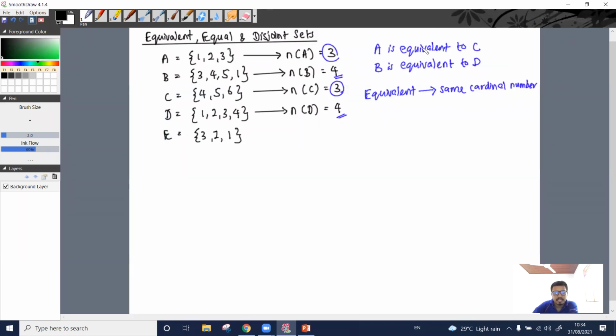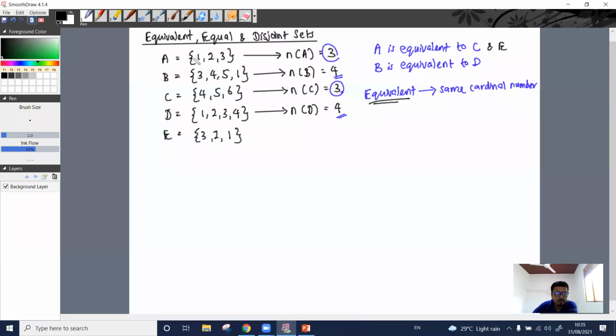So here we can say A is equivalent to not only C, but E as well. Same number of elements are there in set E also. We can see how many elements? 3 elements, right? But if you take A and C, are they equal? Yes, they are equivalent. A is equivalent to C.